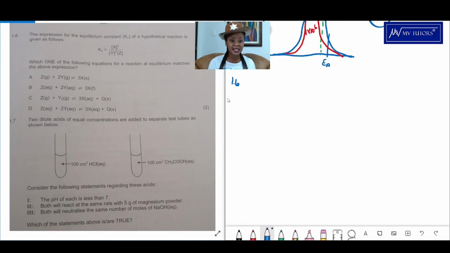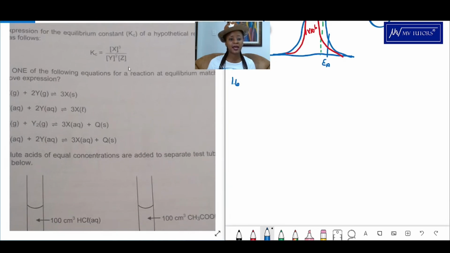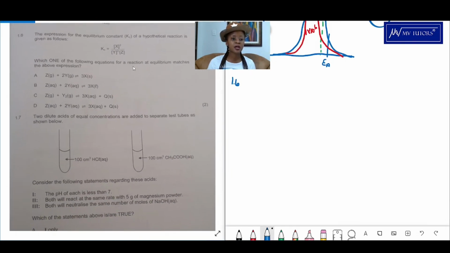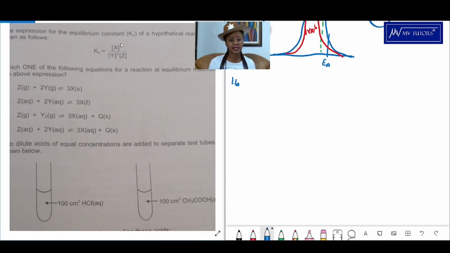So we have Kc is equal to x cubed, or the concentration of x to the power 3, y, and then on the denominator you have the concentration of y to the power 2, and z. Now it says, which one of the following equations for a reaction at equilibrium matches the above expression? Let's just have a look at the expression.